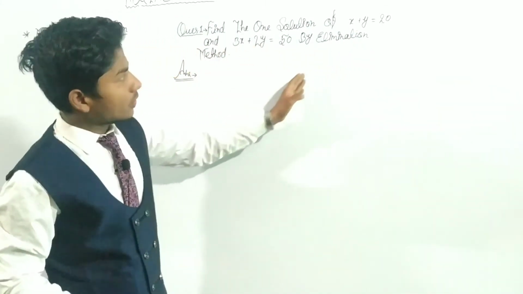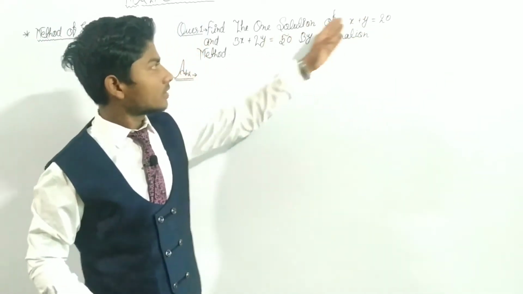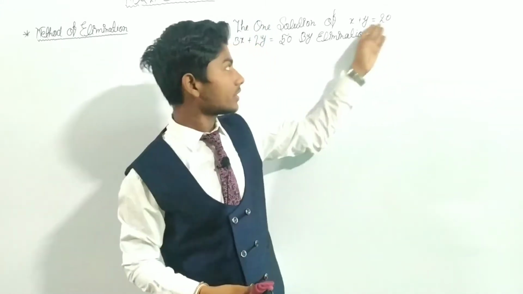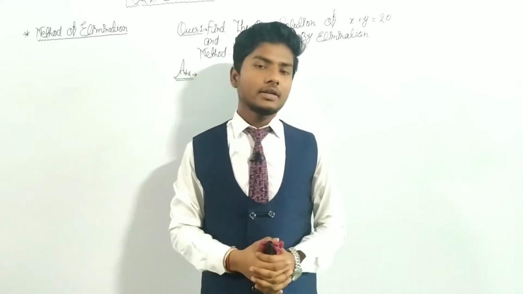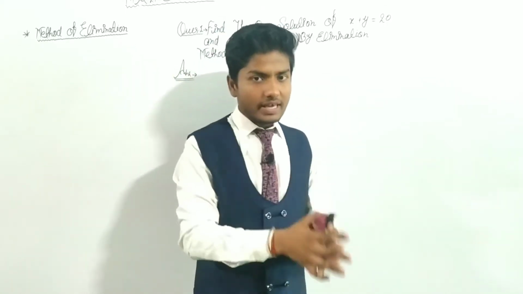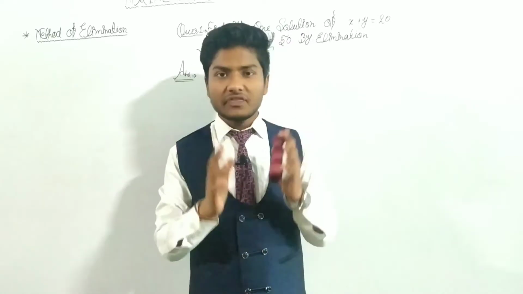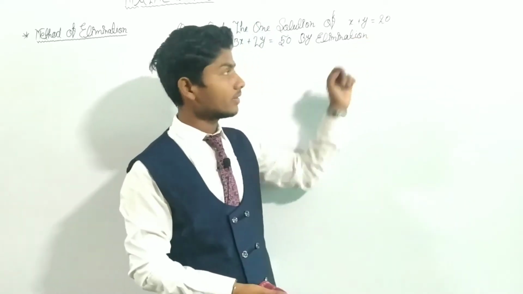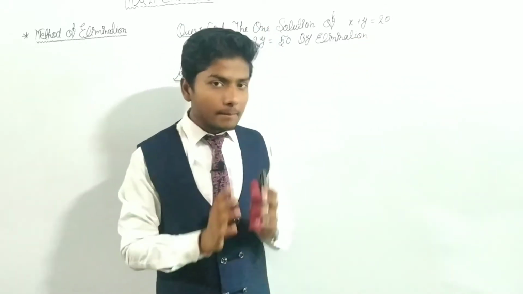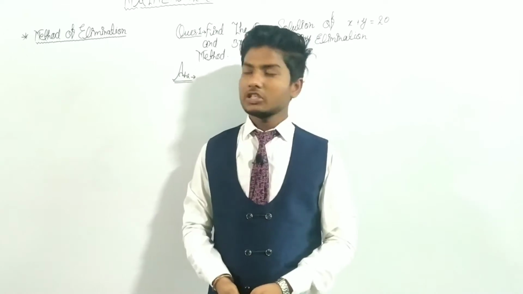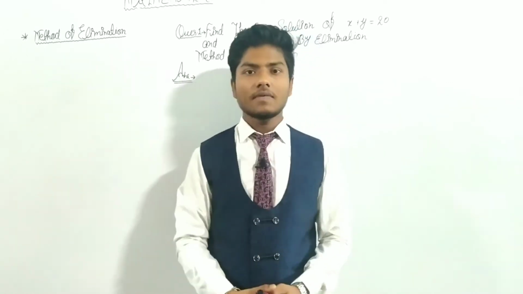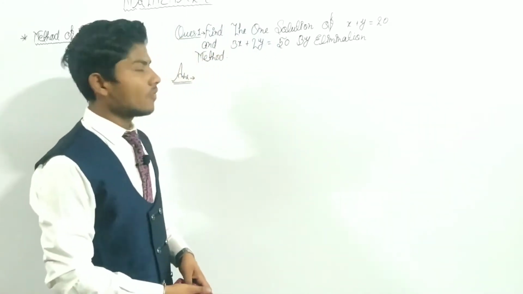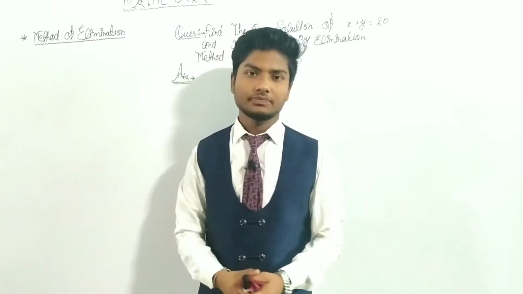We know that an equation in two variables has infinite solutions, but we find one solution of the two equations. So now we discuss what the method of elimination is.